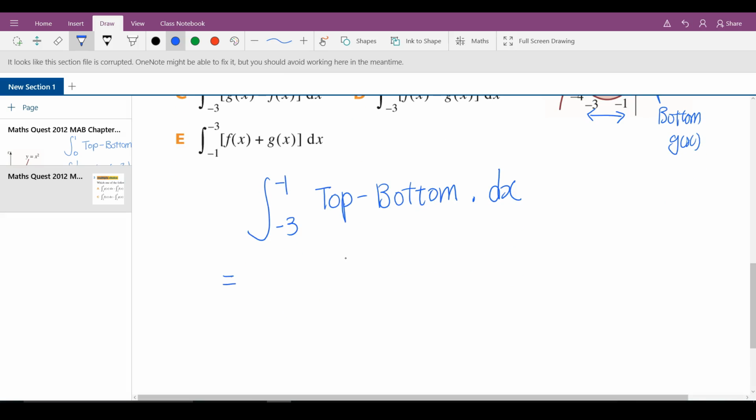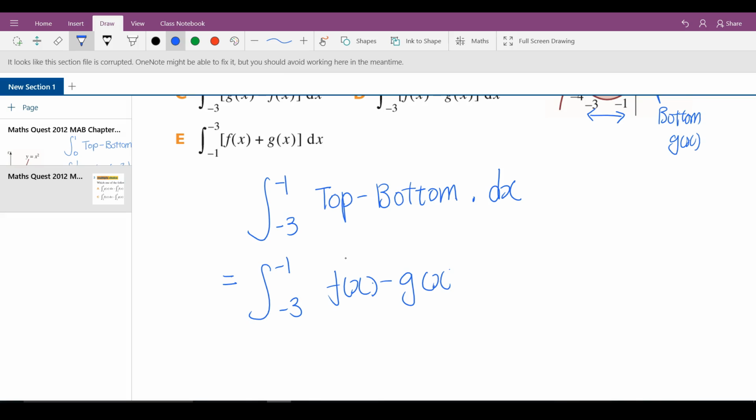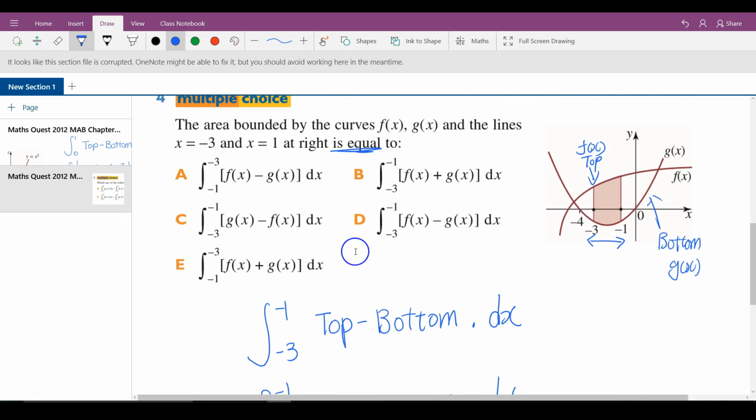Remember our bottom is g of x, so it's the integral from negative 3 to negative 1 of f of x minus g of x dx. So that is the correct expression for that particular shaded area. All right, let's look at each one of them.